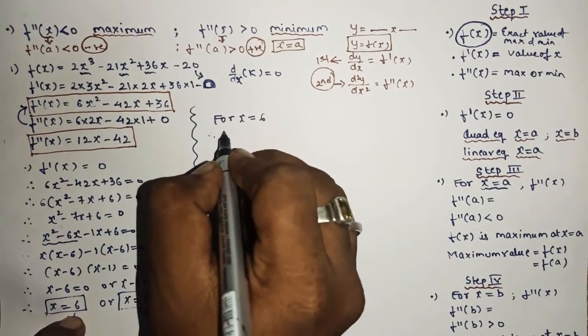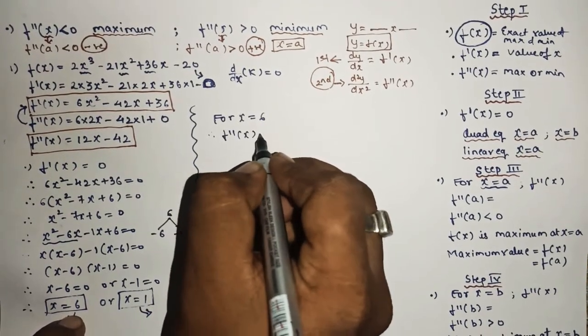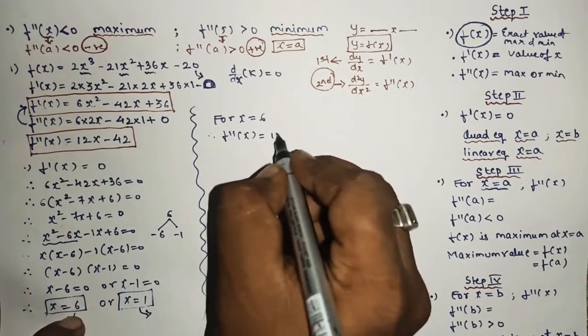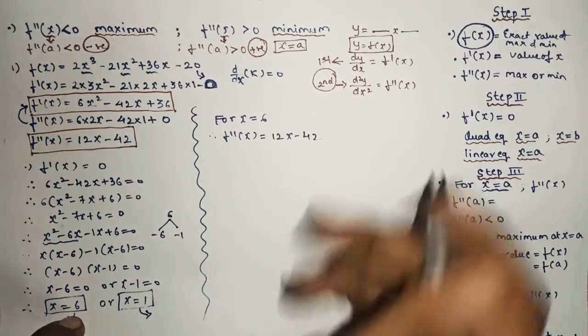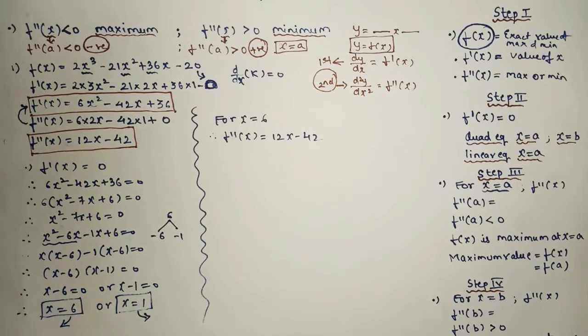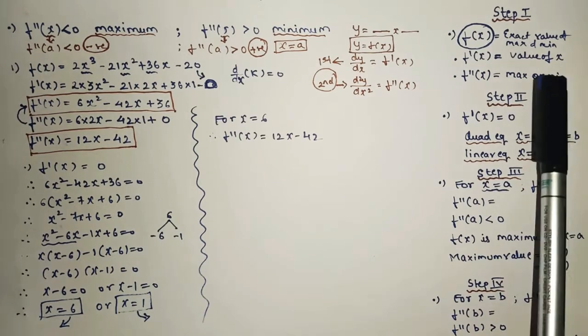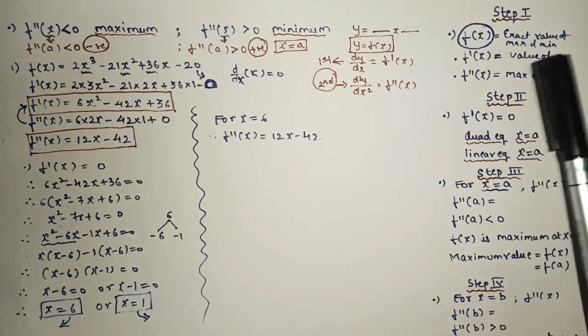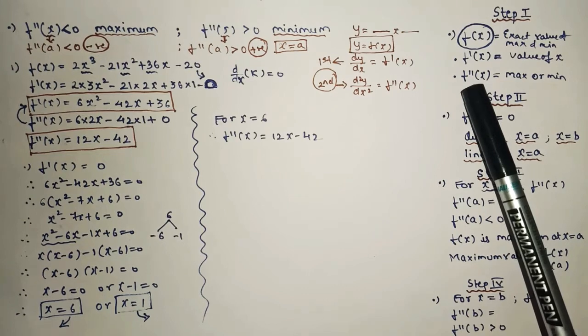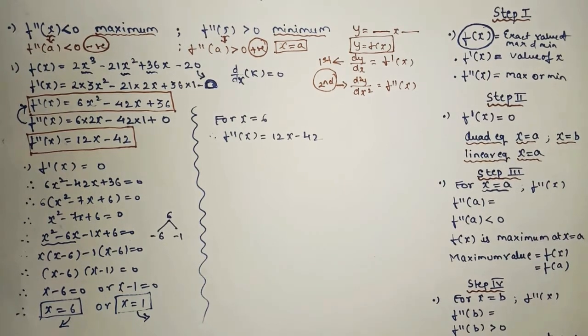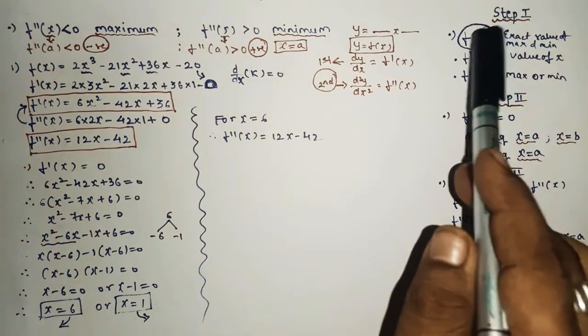So here what exactly we'll do, here we have f double dash x, that is 12x minus 42. Just remember this part, the value of x you will get from the first derivative, and from the second derivative you can predict whether the function is maxima or minima, and that exact value we will get from f of x.